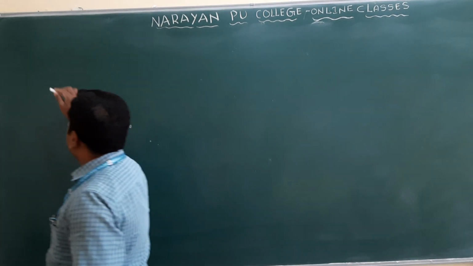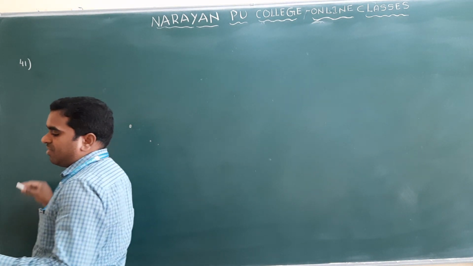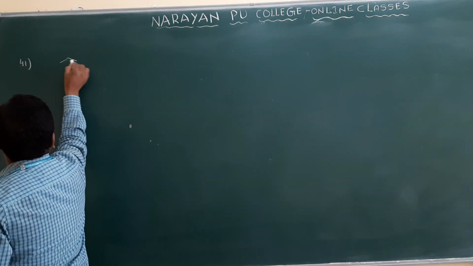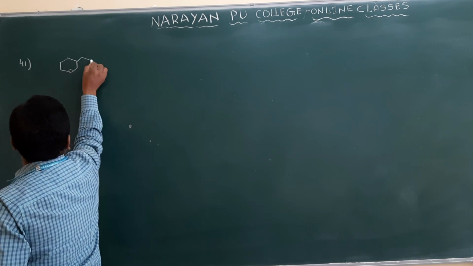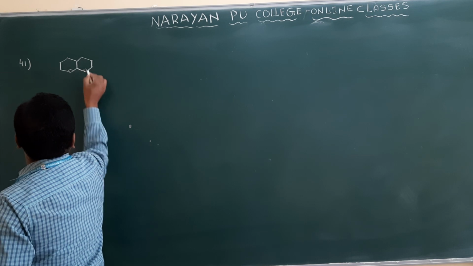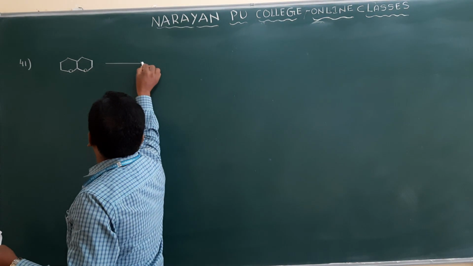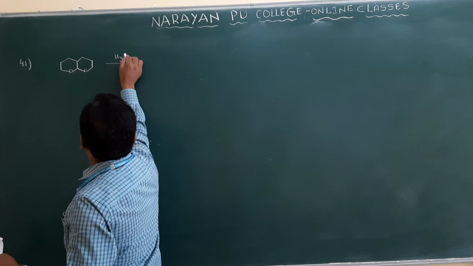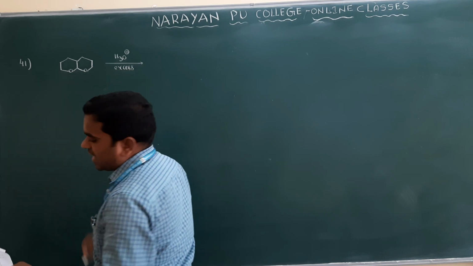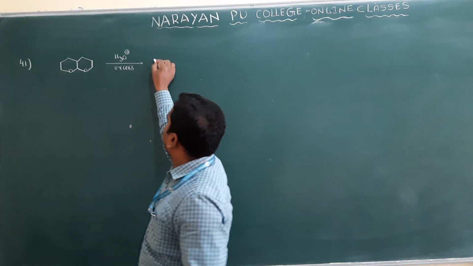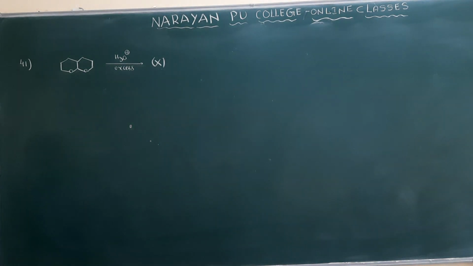And next question, see question number 41. Clear? What they have given here is this compound, and then hydrolysis, H3O plus, with excess amount taken, then you will get X. So what X is, that is the question.